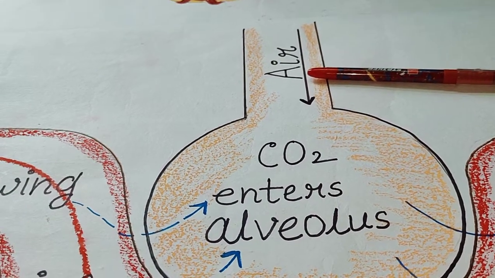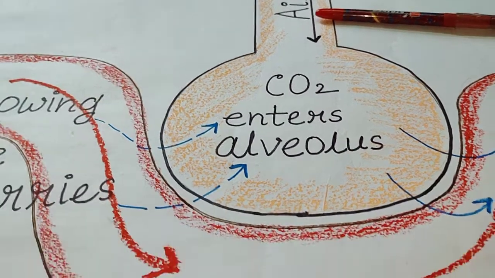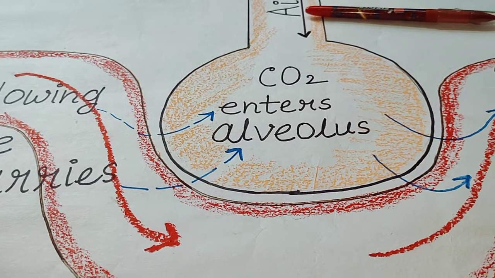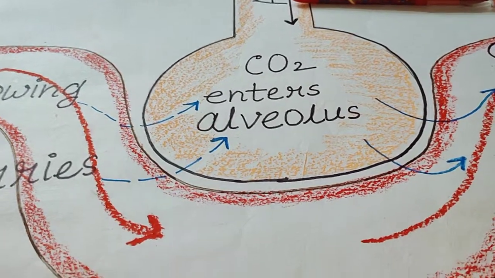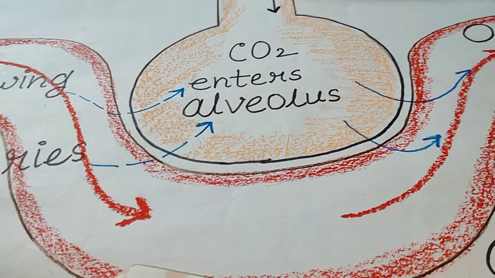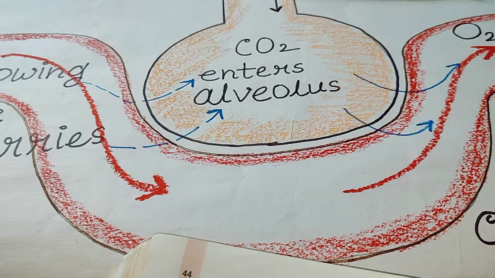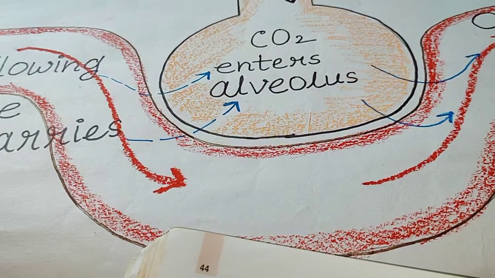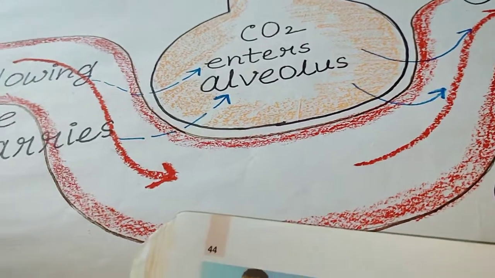Oxygen is carried by blood to all the parts of the body because this oxygen is carried by a red pigment called hemoglobin present in blood. So as the blood passes through the tissues of the body, oxygen present in it diffuses into the cells.